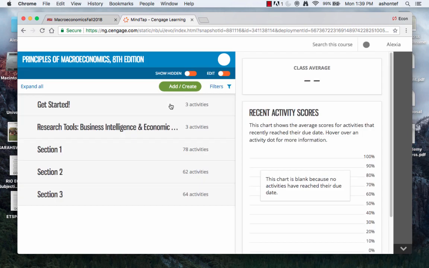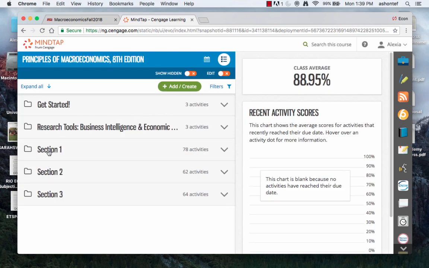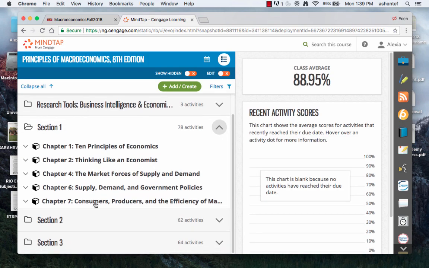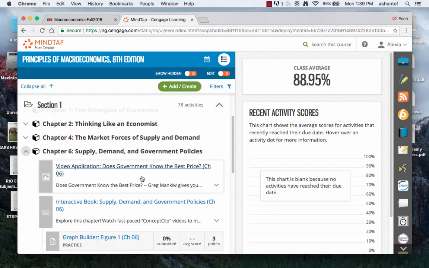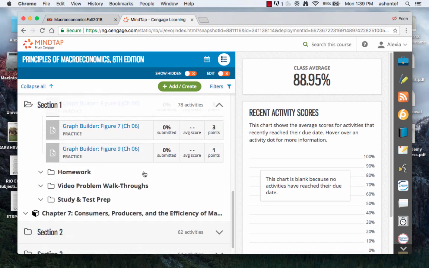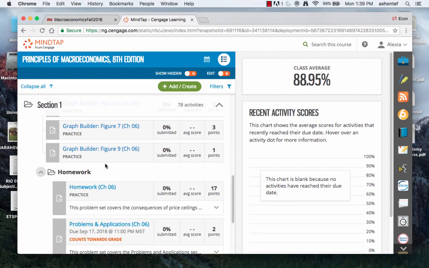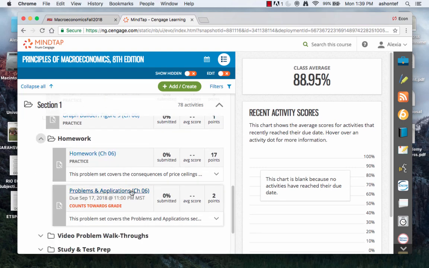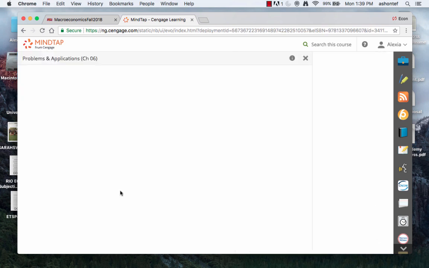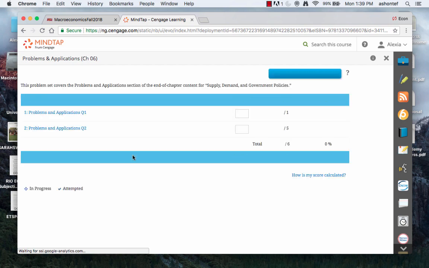We're still in Section 1, so we'll click Section 1, and this is going to be our Chapter 6 homework. We'll click on Chapter 6, and scroll down until we get to the homework. The homework that is for points is the one that says counts towards grades. So we'll click on problems and applications, and it will pull up a couple questions. I don't think you'll need too much help on these, but let's pull it up.